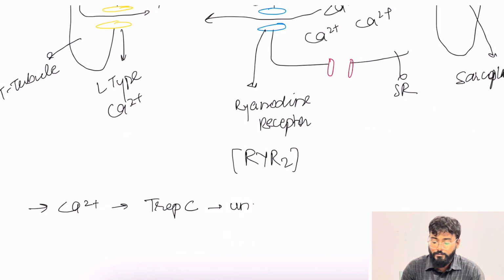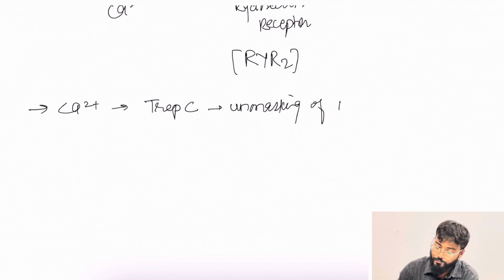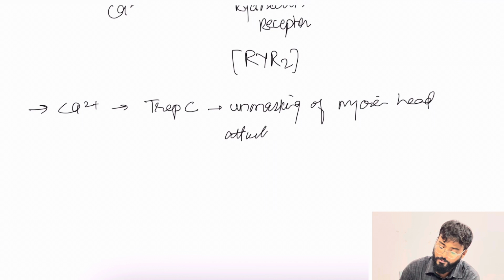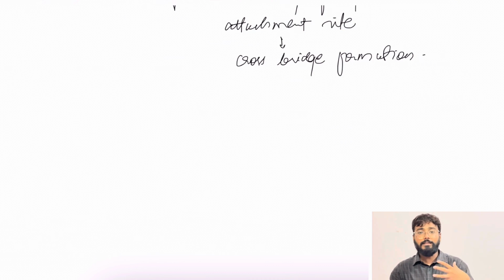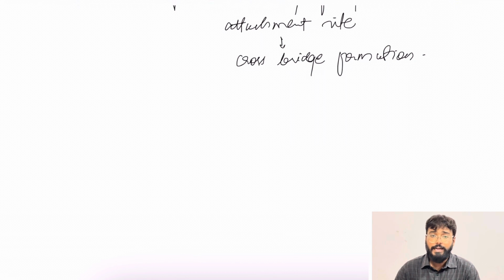So calcium goes to troponin C. There is unmasking of the myosin head attachment site, which in turn causes cross bridge formation. Now there is a formation of cross bridge, but this needs ATP to cause movement of these filaments and further contraction.